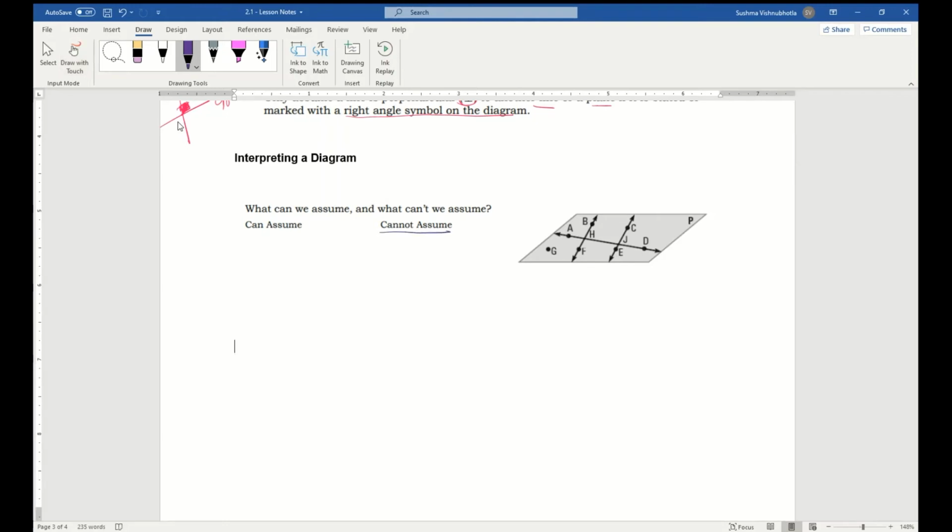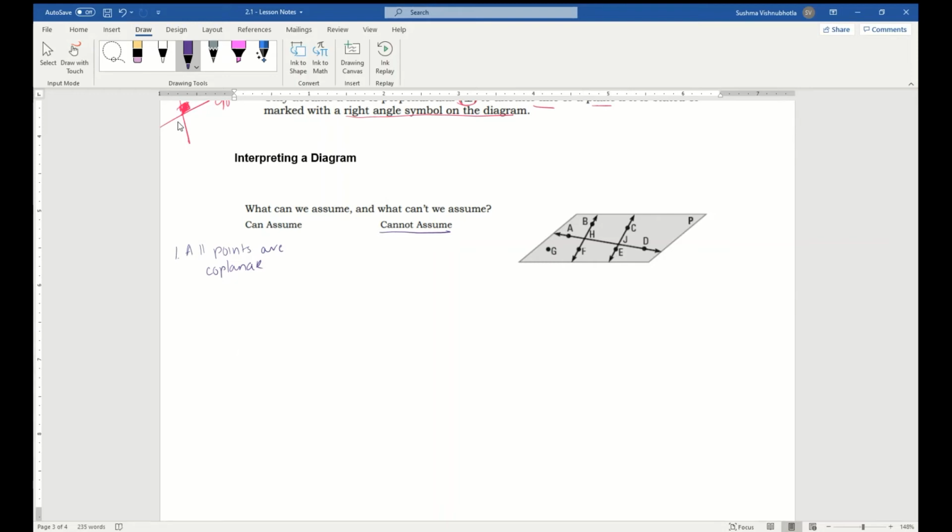Now, what we can assume is all points are coplanar. And I can assume this because I don't see any points off of the plane. So all the points that are on this diagram are contained within the plane.